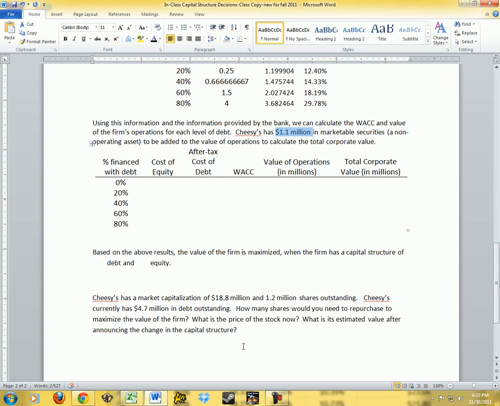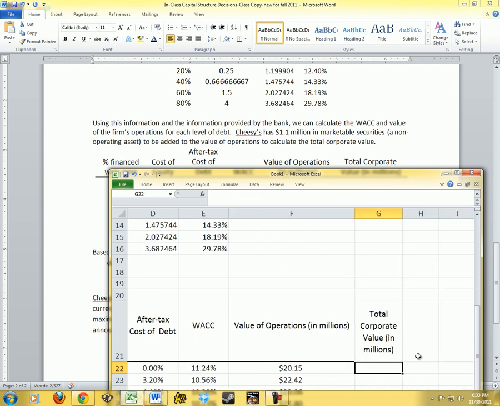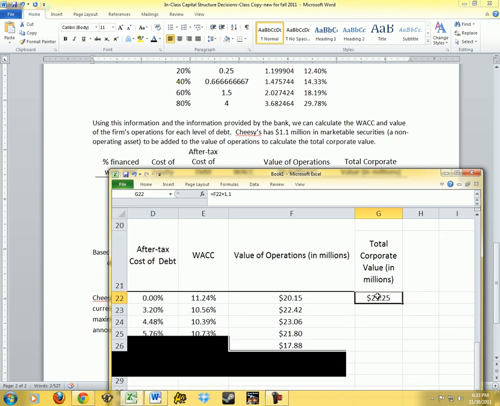So we want to add those to the value of the firm. Remember, this was in millions of dollars, so 1.1 million. This is going to be equal to the value of operations plus 1.1 million. So the total corporate value is 21.25.